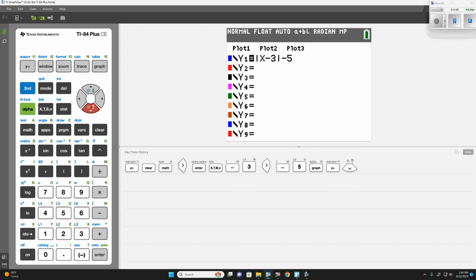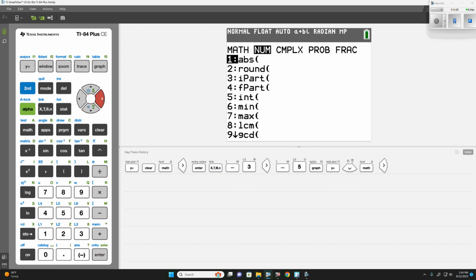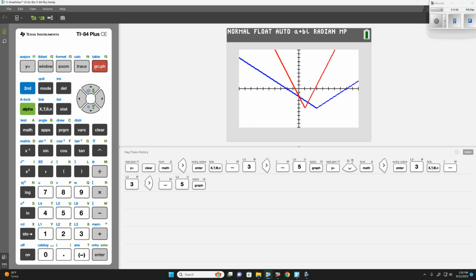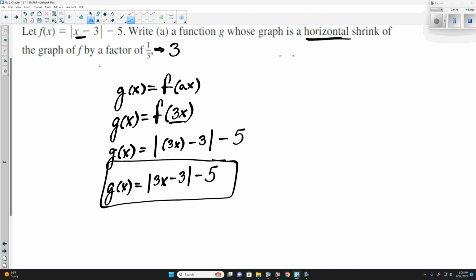So if we type it in, math, absolute value, 3x minus 3 minus 5, and hit graph, we see that it does indeed increase slower along the x. And that's it. Any other questions on this here?